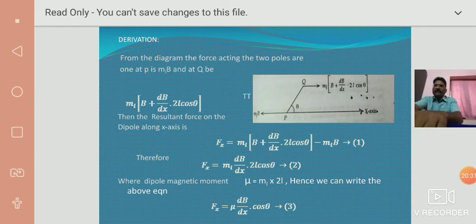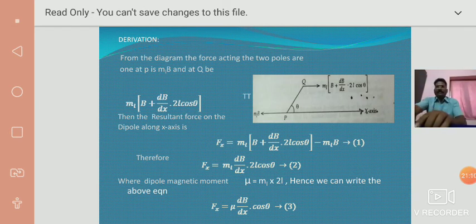Look here, the first equation: Fx is equal to ml into B plus dB by dx 2l cos theta minus ml into B. It is very easy to understand. The force at Q is greater than the force at P.